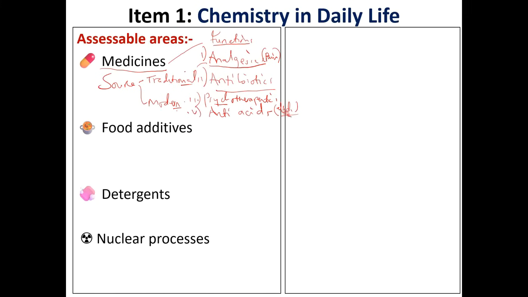How do these function? Antacids work by neutralizing the acid. So as we get to know the different categories of medicines, we need to know how they function. If it is analgesic, how do analgesic medicines function?